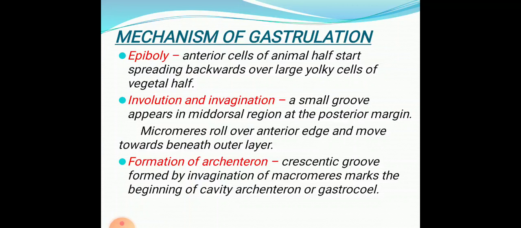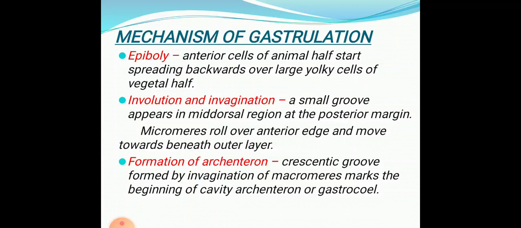The groove deepens into the embryo to form a cavity. That cavity is called archenteron. The crescentic groove formed by the invagination of macromeres marks the beginning of the cavity, that is called archenteron or gastrocoel.